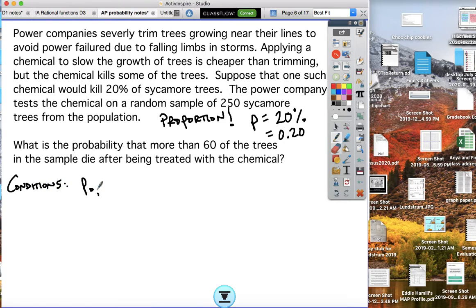So is the population more than 10 times the sample size? Well, the sample size was 250. 10 times 250 is 2,500. I would say that it is safe to assume that there are more than 2,500 sycamore trees.